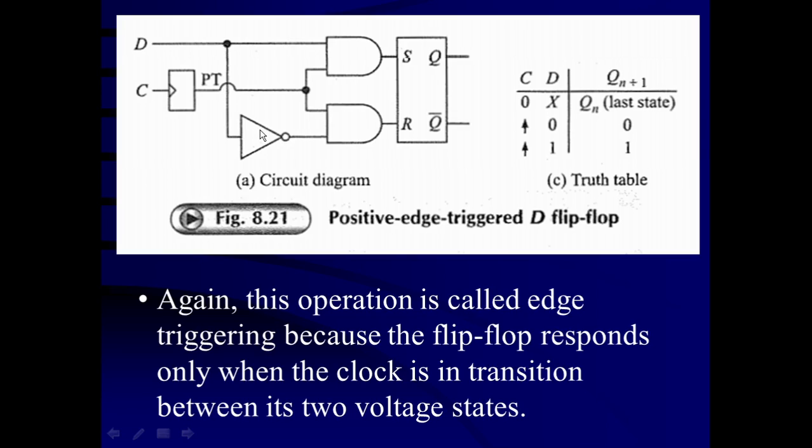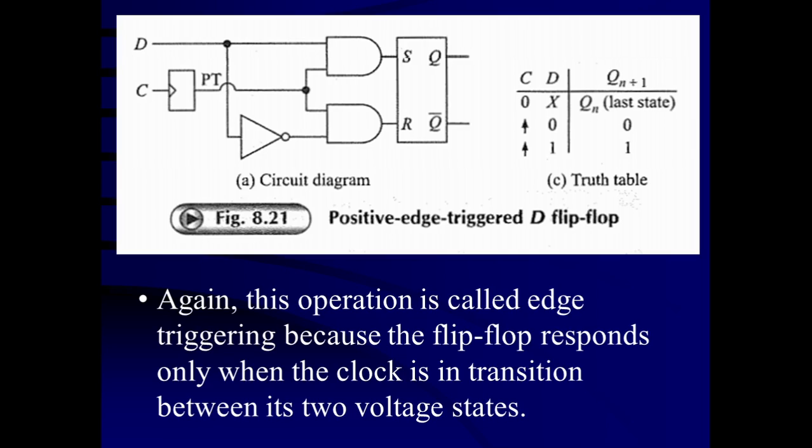So instead of two data inputs, there is only one input, and that S is designated as the data input or D input. That way it is working as a D flip-flop. Now prior to the common terminal of both the AND gates, if a positive pulse forming circuit is connected, this will work as a positive edge-triggered D flip-flop.